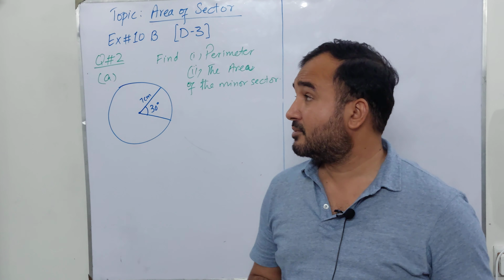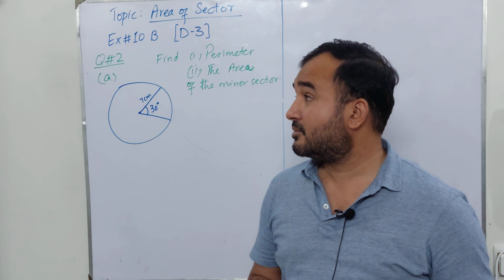There is no factor of 7 in r, so we will write 3.14, and r is 10. If this r could have been divided by 7, we would have written 22 by 7. Since it does not have any factor of 7, that's why I wrote 3.14. But it's not necessary, you can use calculator anyway.